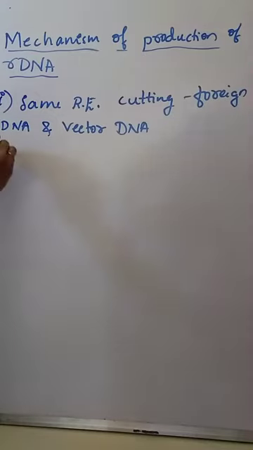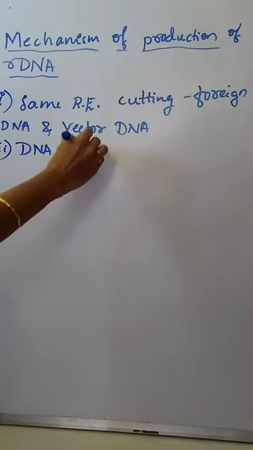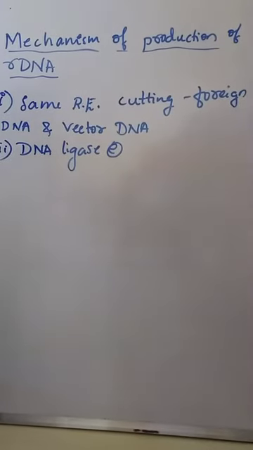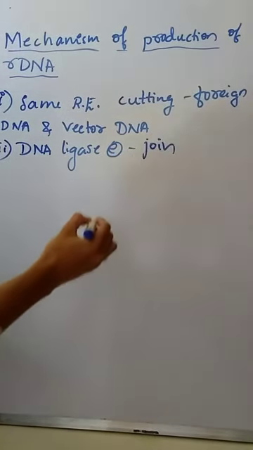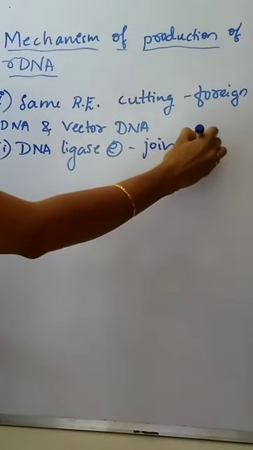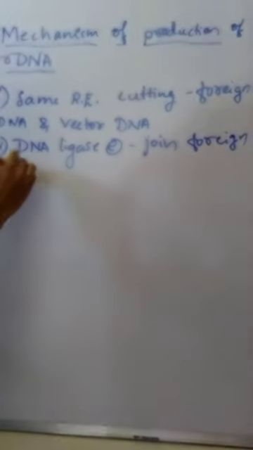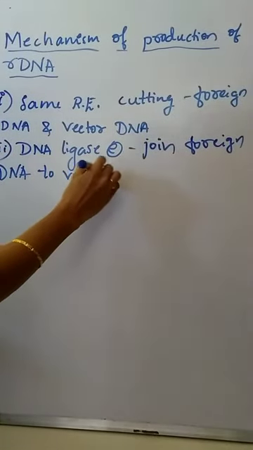Then the next step is DNA ligase. DNA ligase enzyme, the molecular stitcher, is used to join the foreign DNA to the vector DNA.